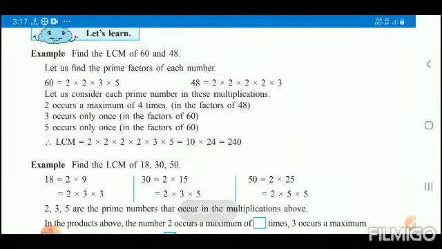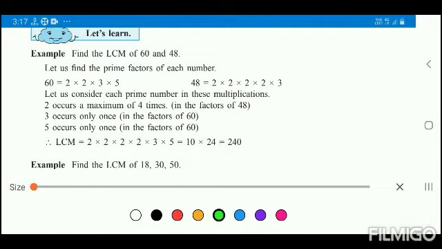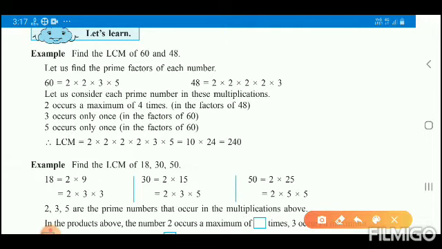We will see how many times 2 occurs here, then 3 and 5. If you see here, 2 occurs a maximum of 4 times, in the factors of 48. 3 occurs only once, here one time and here also one time.